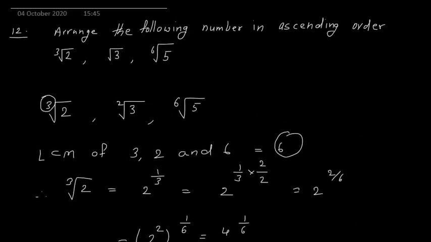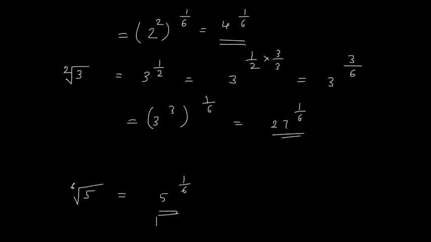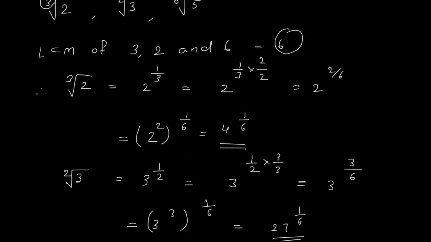The 6th root of 5 is 5 power 1 upon 6, so it is already in the form of 5 power 1 upon 6. Now this is 5 power 1 upon 6, this is 27 power 1 upon 6, and this is 4 power 1 upon 6.